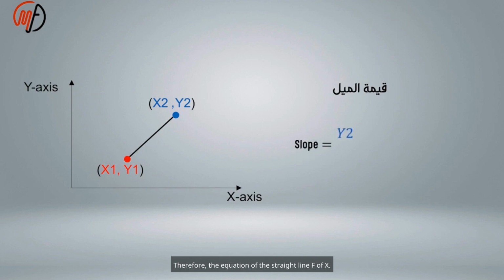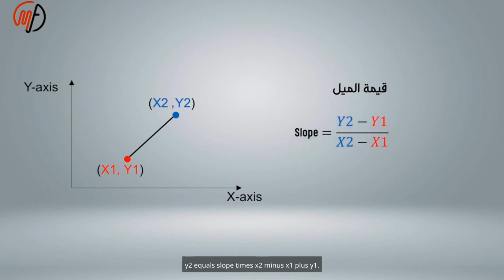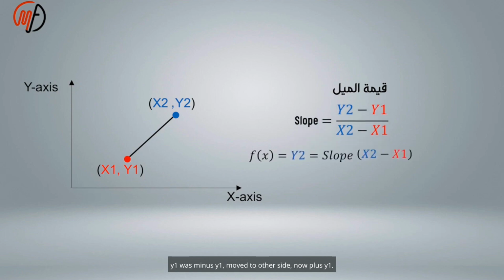Therefore, the equation of the straight line is f of x minus y1 equals slope times x minus x1. Move y1 to the other side, now plus y1.